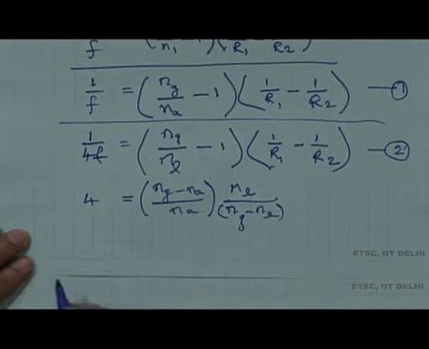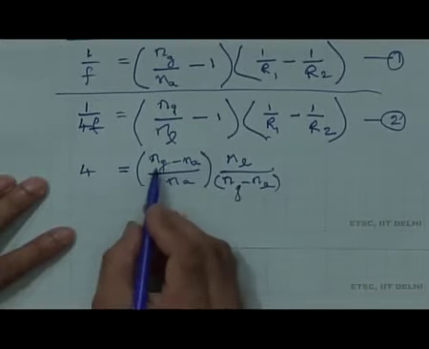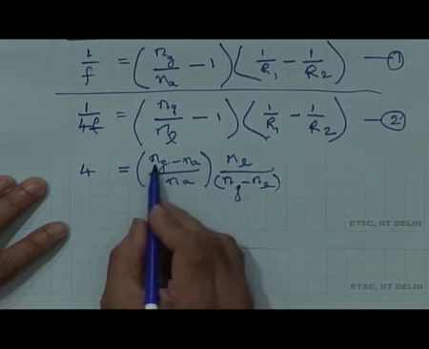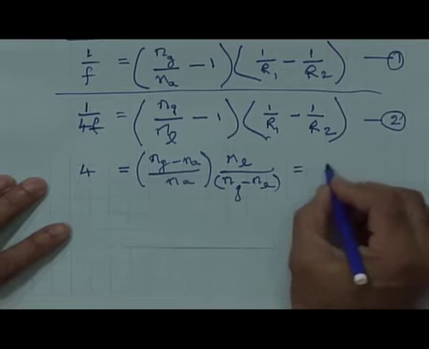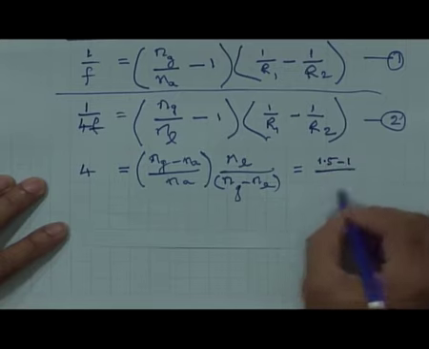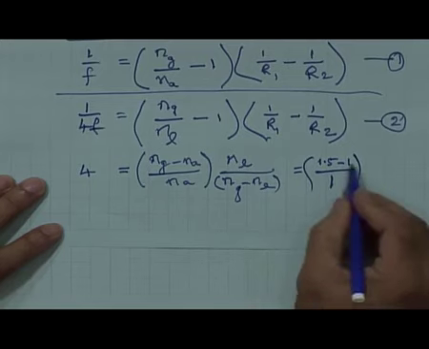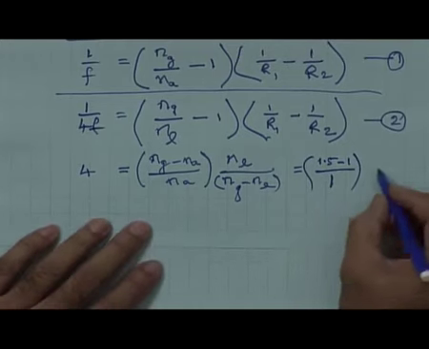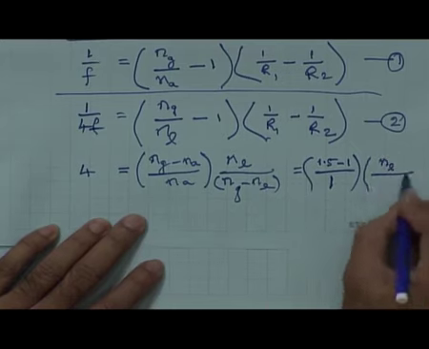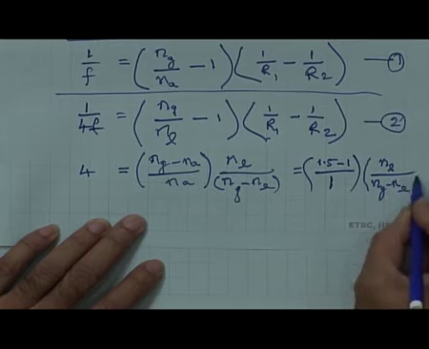That is it. Now, we can substitute the values of the refractive index. Ng is given as 1.5, this is 1. So, 4 is equal to, let me substitute, 1.5 minus 1 divided by 1. So, it is simply 0.5 by 1, which is 0.5, into NL divided by Ng minus NL.